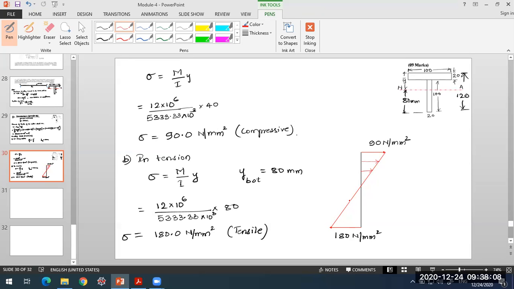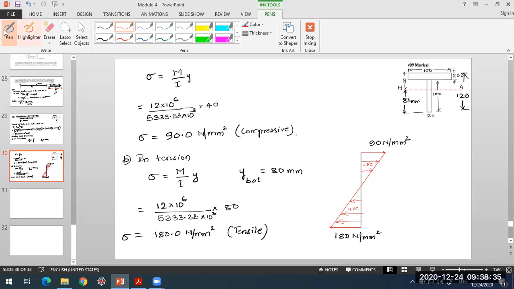Towards the neutral axis, the compressive stresses will start reducing. At the neutral axis, the stresses will be zero, and below the neutral axis, the tensile stresses will be there, and they will increase as you move towards the bottom. You can choose the sign convention. You may take tensile stresses to be positive and compressive to be negative, or vice versa.